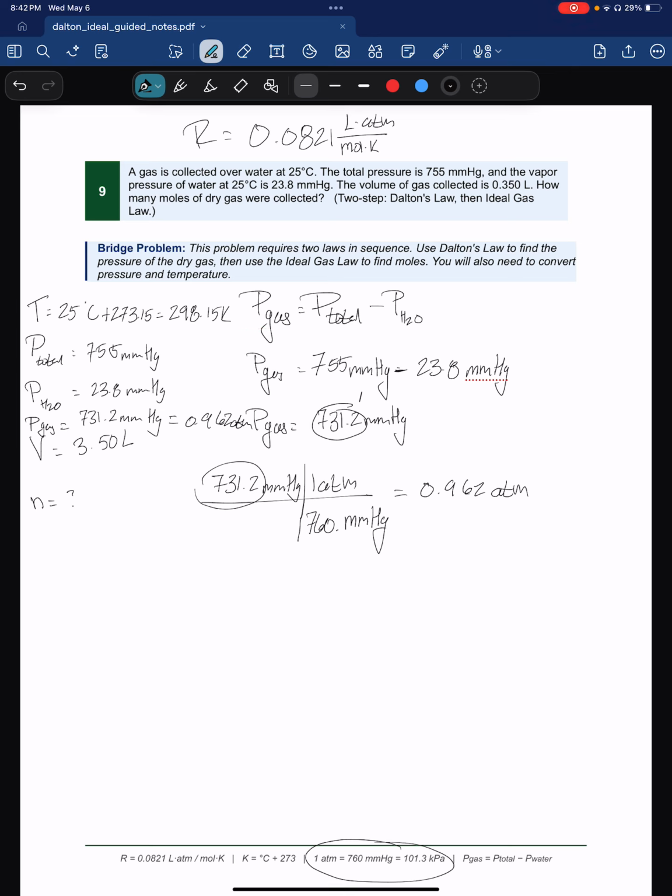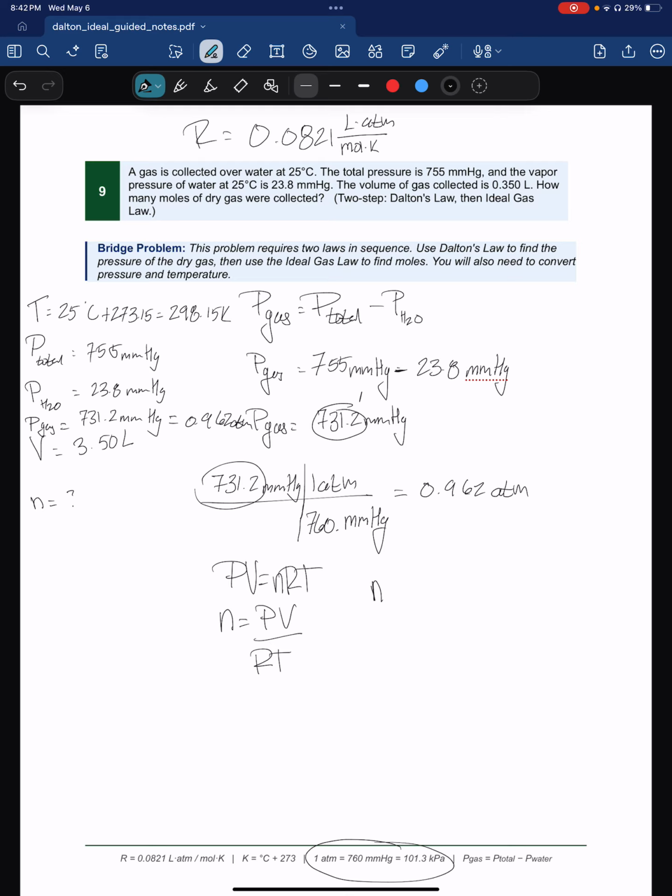All right, I think we have everything we need. We've got things in liters, atmospheres, and Kelvin, and we're looking for moles. So I'll write out PV equals nRT, and then solve for moles. N is equal to PV over RT. And I can plug everything in.